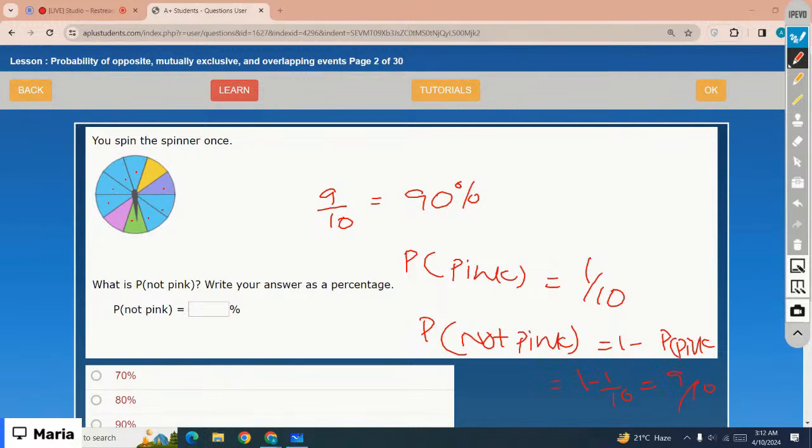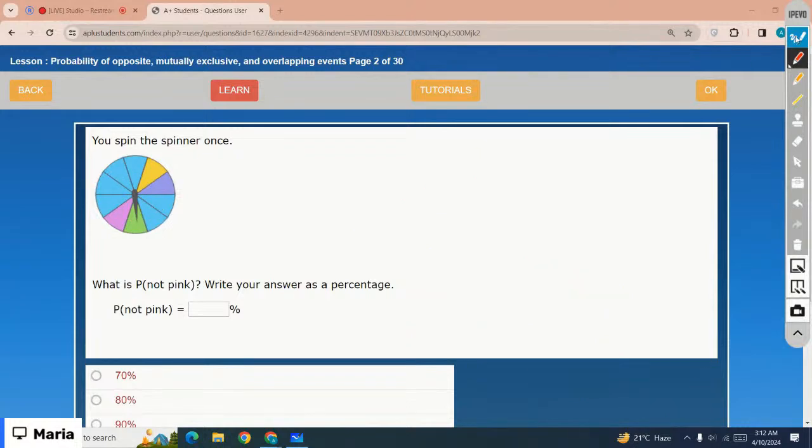Whatever way you find easy, you can do. Any question? 90% it is. The correct option is 90%.